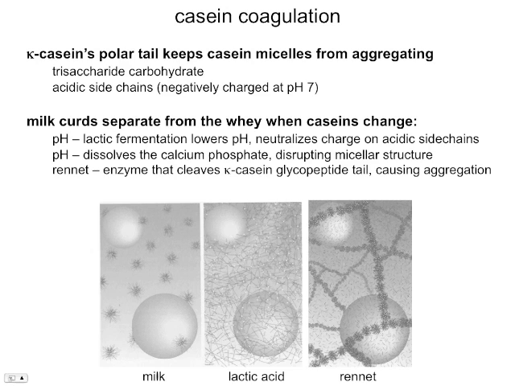I remind you that the calcium plays an important role in holding those casein micelles together. And again, enzymes that we add to the milk can disrupt the structure of the casein micelles as well. Again, protein coagulation, really important in so much of cooking.